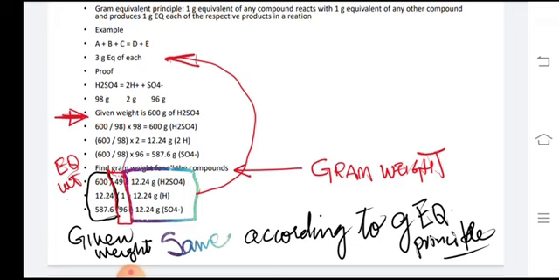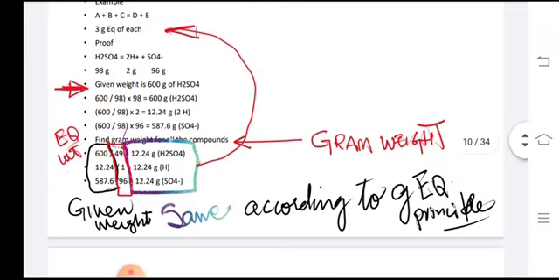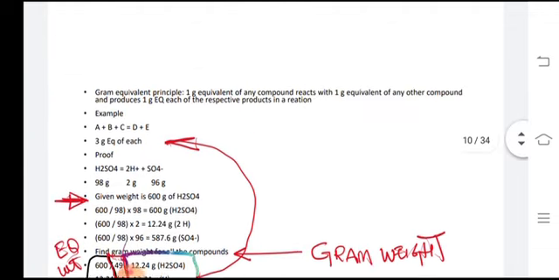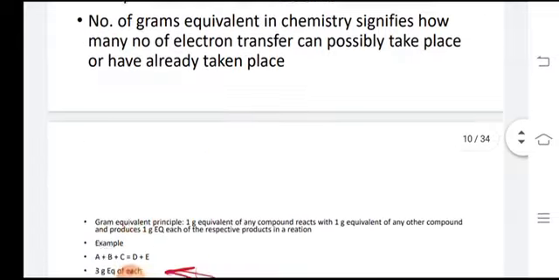So we can have this kind of calculation if required. This is according to the gram equivalent principle, and the gram equivalents have been calculated, which are equal, and they are reacting on an equal proportionate basis. So this was something about the gram equivalent.